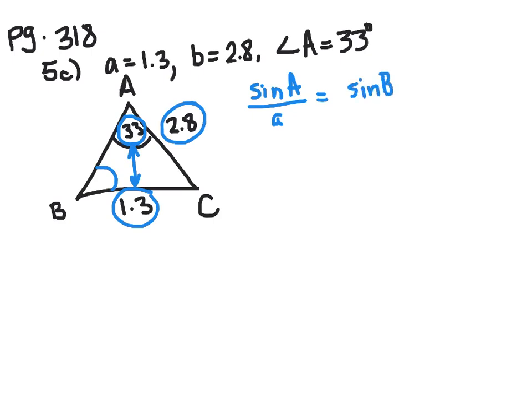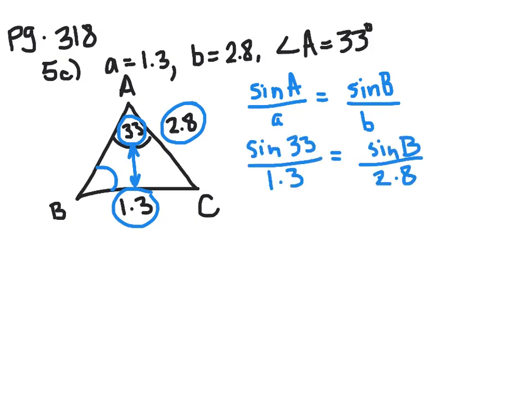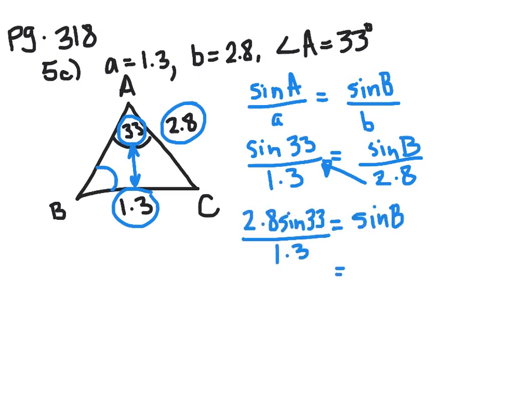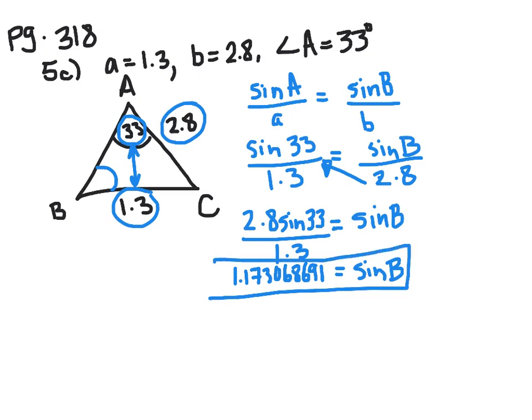I'm not going to worry about sine C and little c because I'm just going to find big B. I can only find one thing at a time. Plugging in all these numbers into the right spots, I should get this here. Then I'm going to cross multiply the 2.8, and then I will simplify the left side. On this side, I'll leave it with sine B. When I do all this, I get this long decimal answer right here. Sine B equals all this.